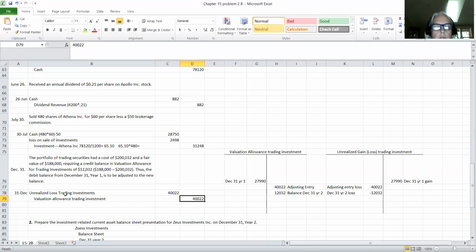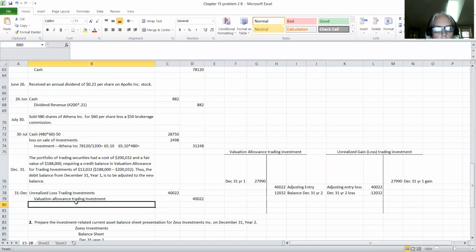I want to emphasize to you that unrealized loss is an actual account that would end up on your income statement in other revenues, expenses, losses. It's an other item on the income statement.